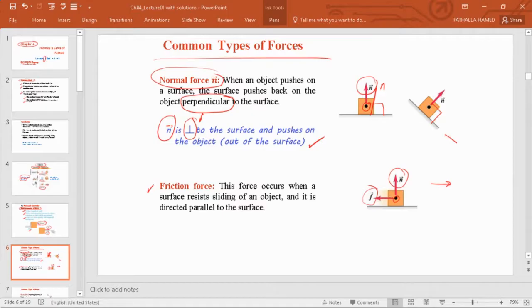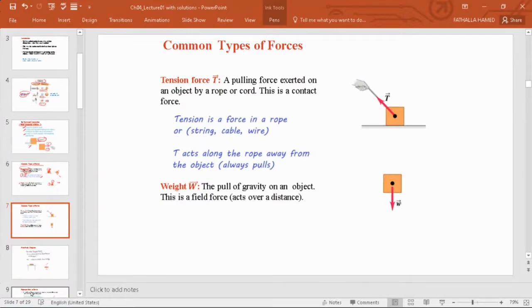You may actually see it in some textbook that it's coming from the surface, but again, I tell you that things move around the center of mass, and that's why we look at this as coming from the center of the mass.